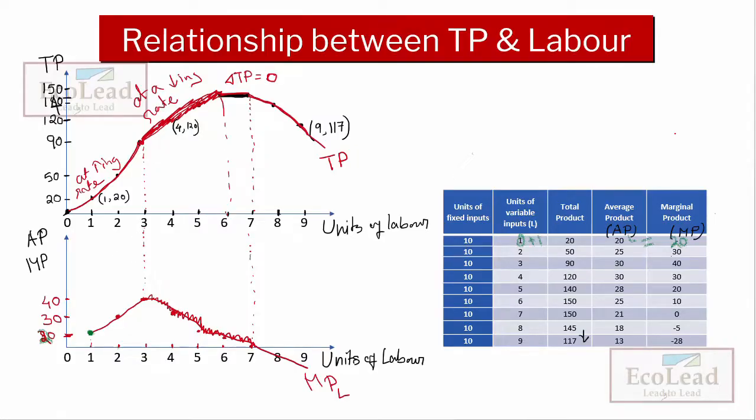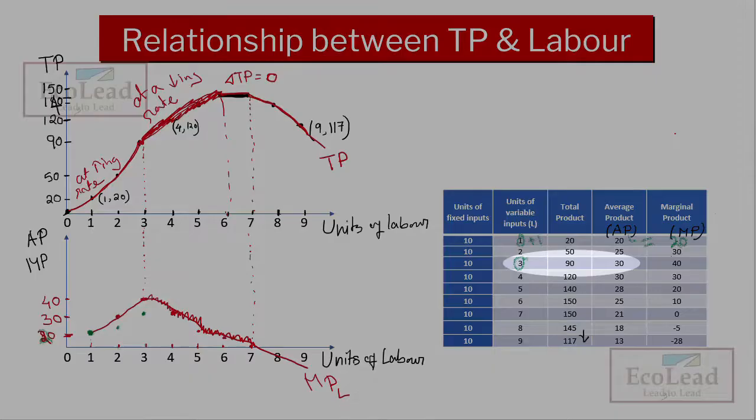When we consider 3 units of labor, the value of the average product is 30.